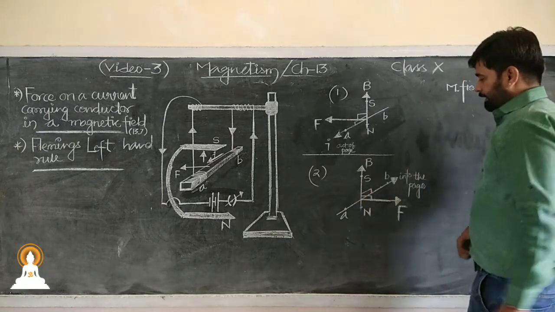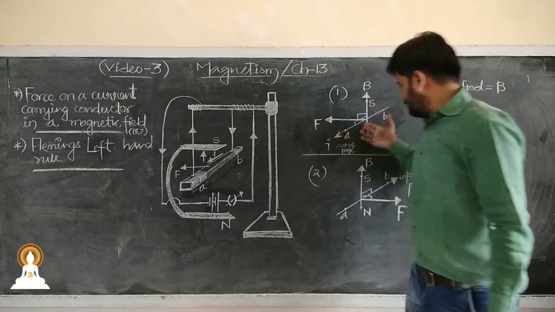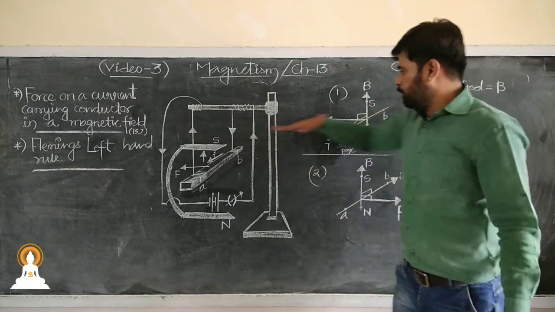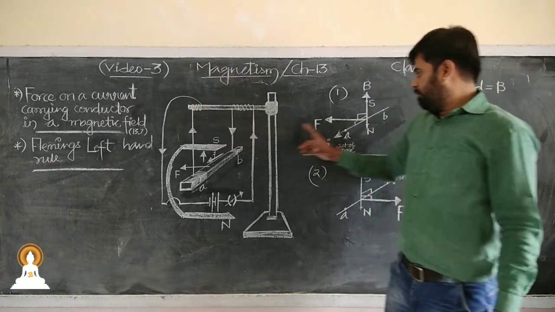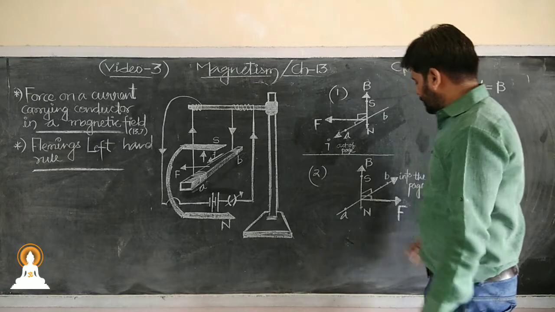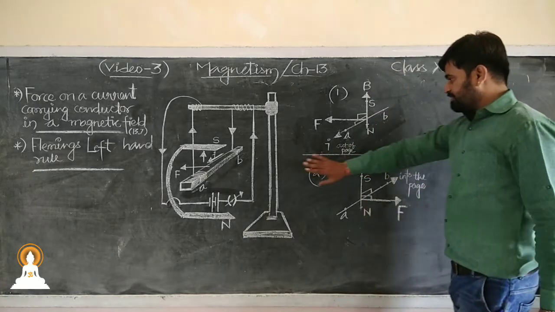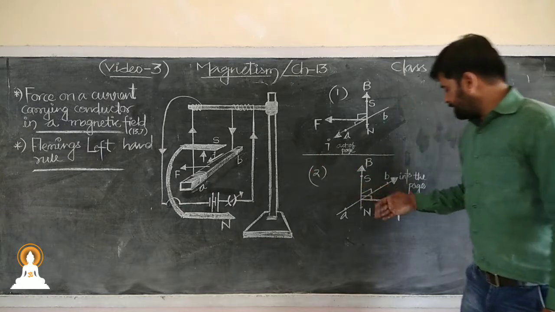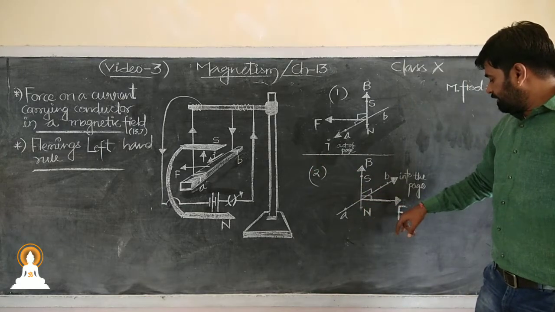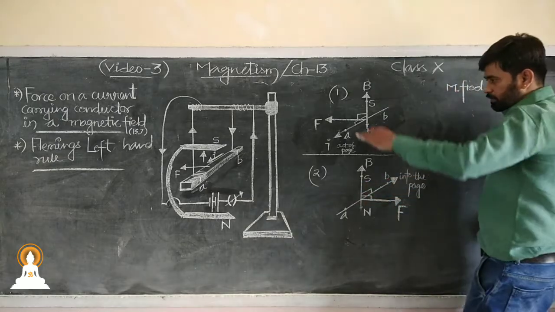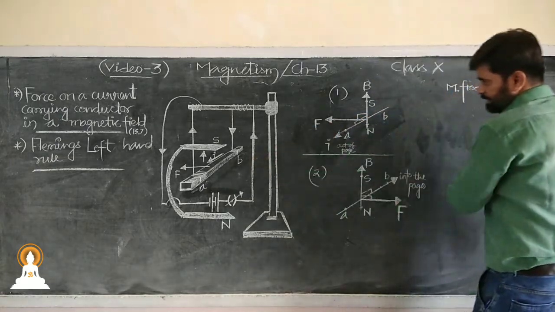When the current was coming out, the force exerted on the rod was towards left, when the magnetic field was in upward direction. Now when we change the direction of current, the force is just in the opposite direction, so the rod was moving in this direction.